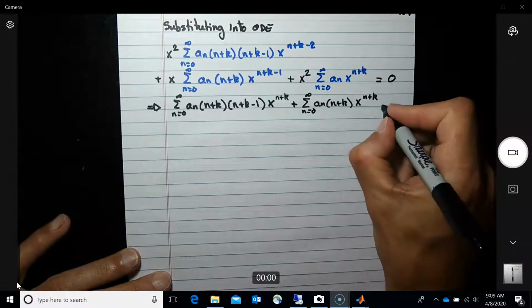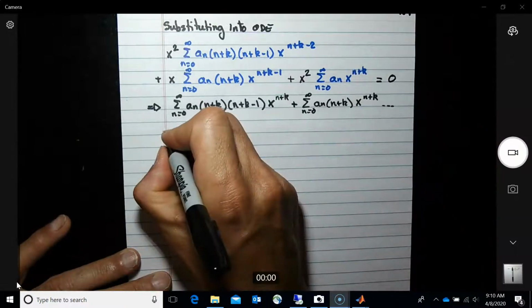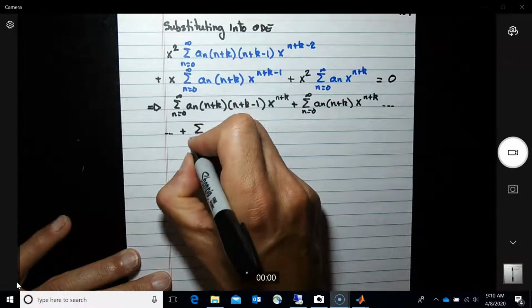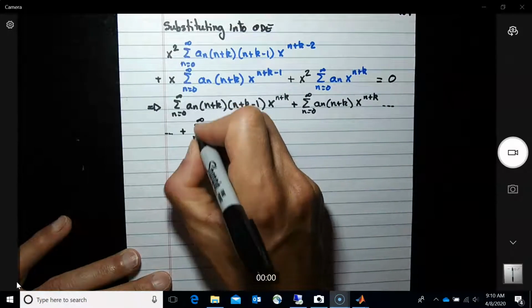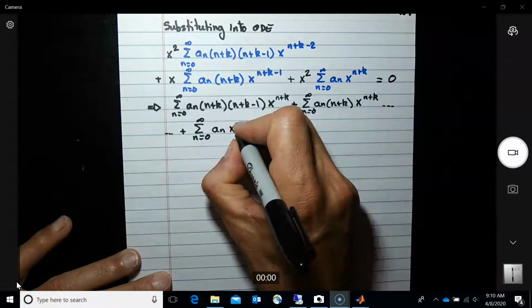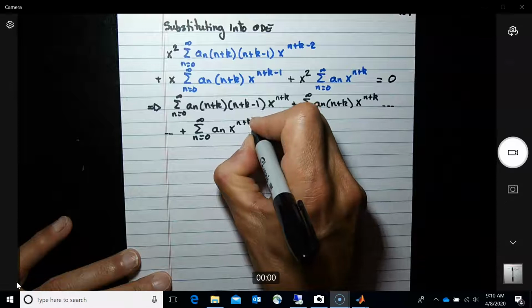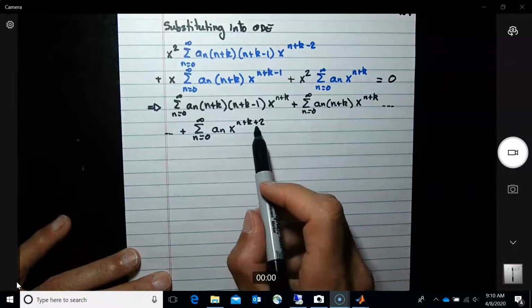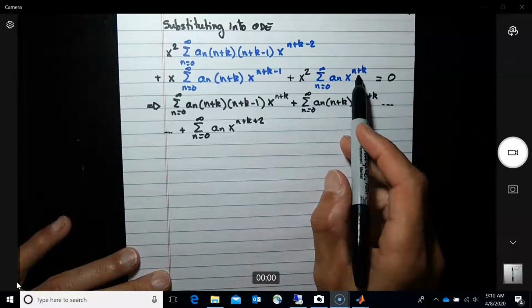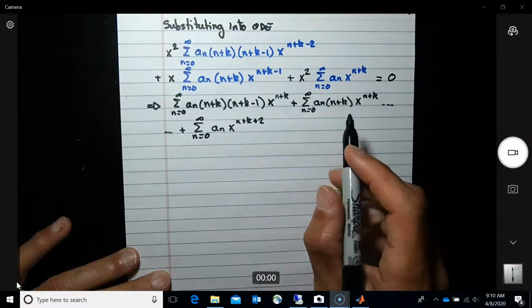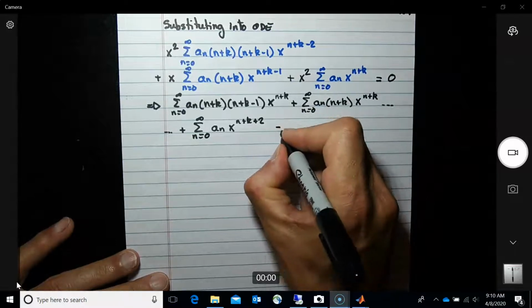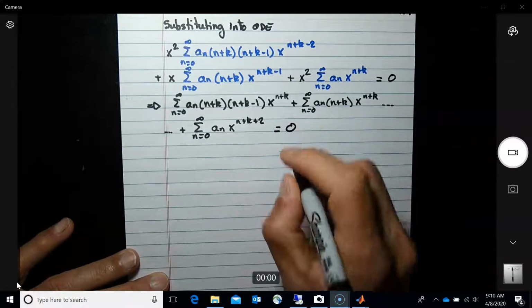And the last term over here would be plus the summation n equal to 0 to infinity of a sub n x to the n plus k plus 2, but this is the one which is going to give us a problem. And this should be equal to 0.